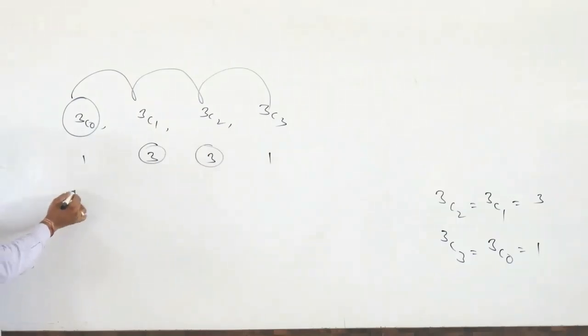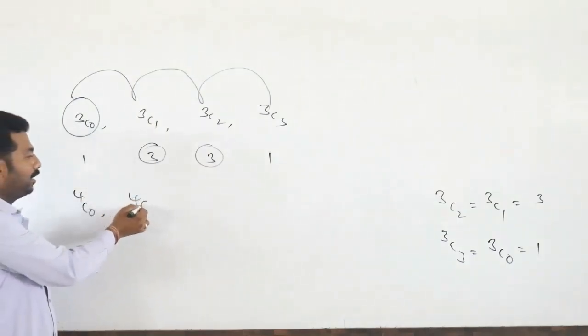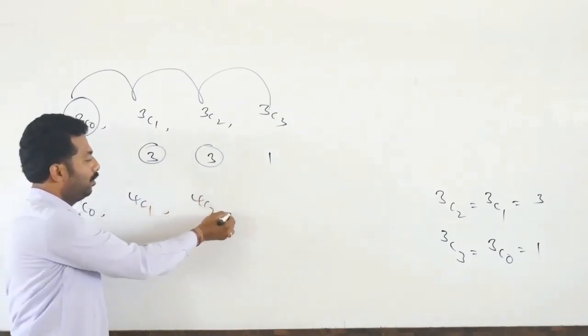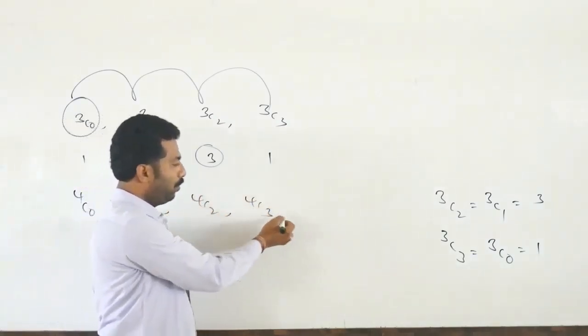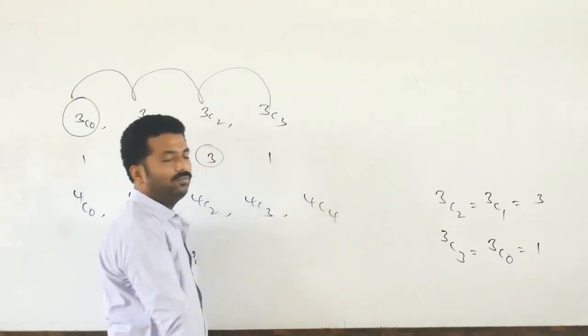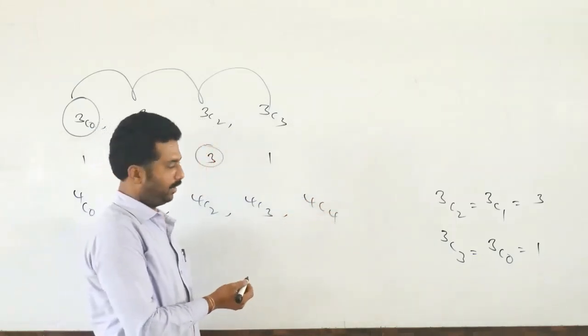Next. Let me take 4C0, 4C1, 4C2, 4C3, 4C4; 4C5 does not exist.